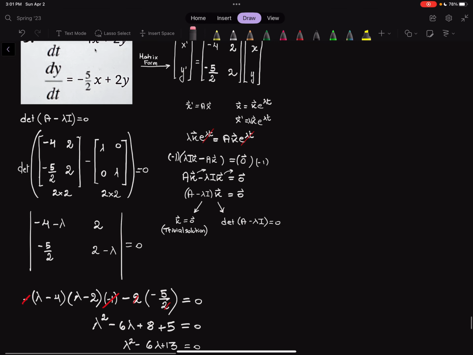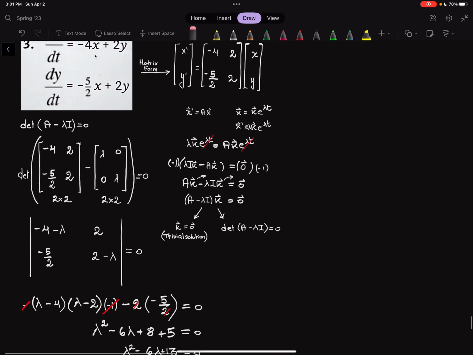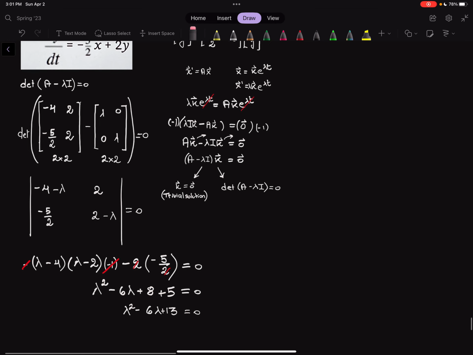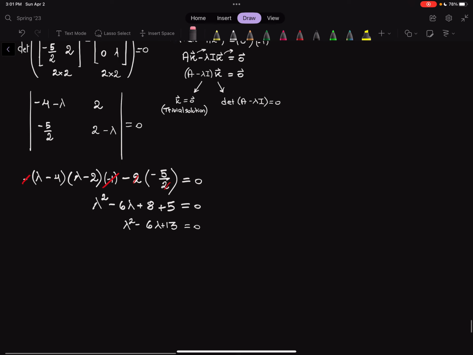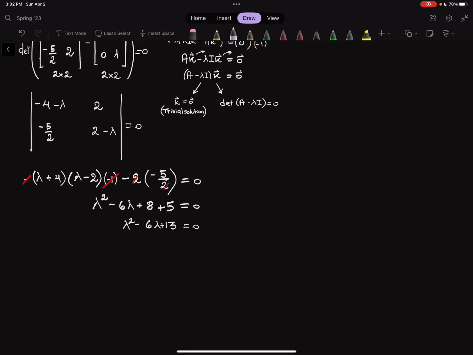We're subtracting lambda, so we get -4 minus lambda, 2 and -5 halves, and 2 minus lambda. Right. So now this and this is going to become lambda. Okay, I see a mistake here. This should be a +4 because I factored out a negative sign.